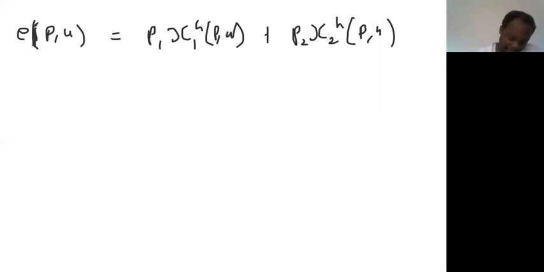Then I will say that my Hicksian expenditure function is now equals to what? P1 multiplied by the Hicksian demand function for commodity 1, which we know to be what?